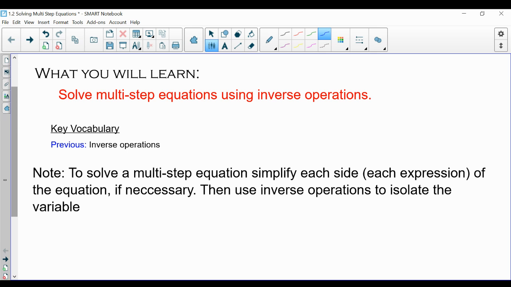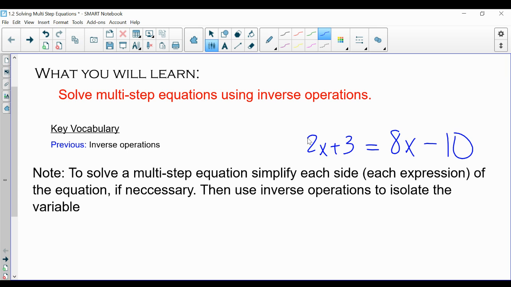So to solve a multiple step equation, simplify each side. So there's an expression on each side. If I have 2x plus 3, that's one expression, and I have it set equal to 8x minus 10.